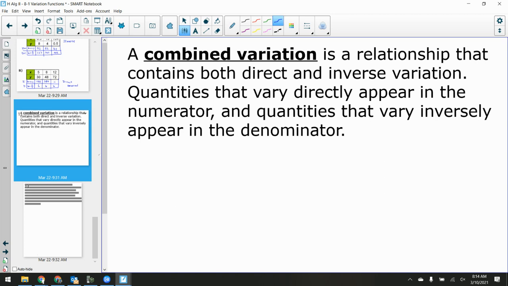Here's what I mean. If I say y varies directly with x, just that phrase alone tells me y is equal to k times x.